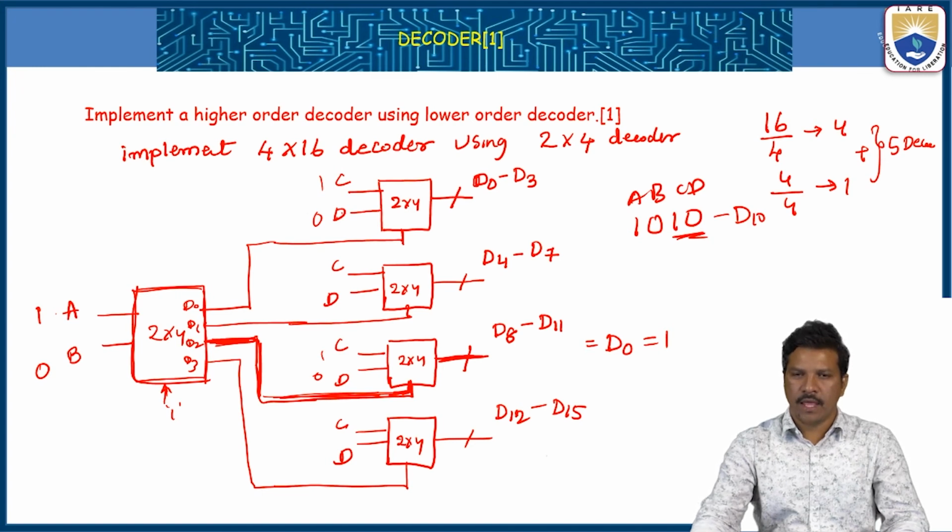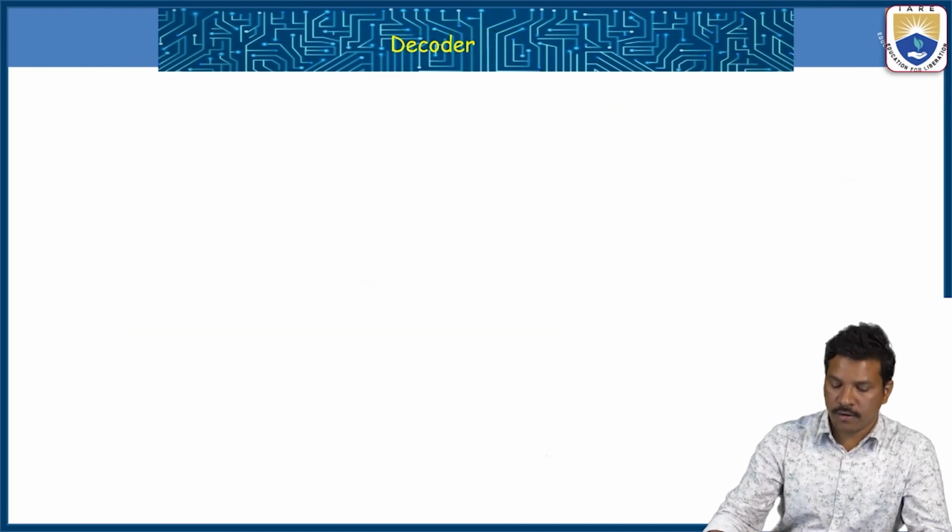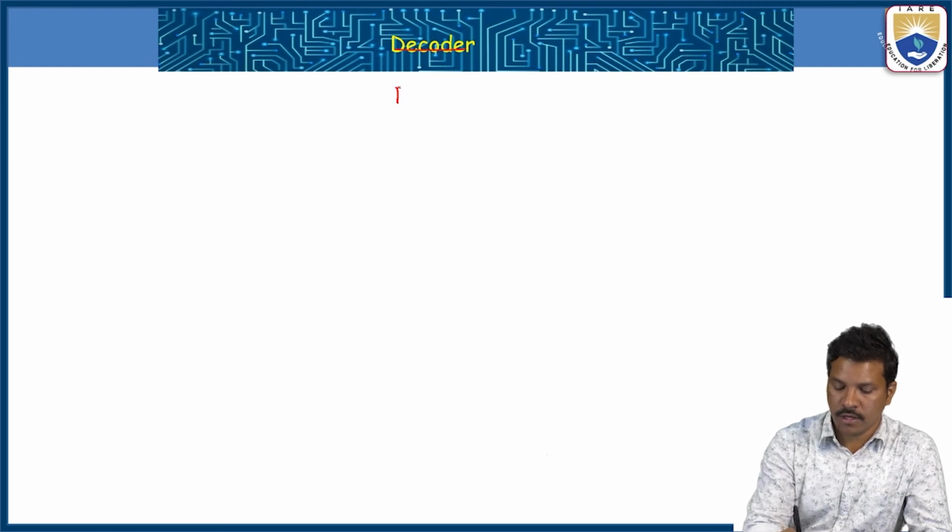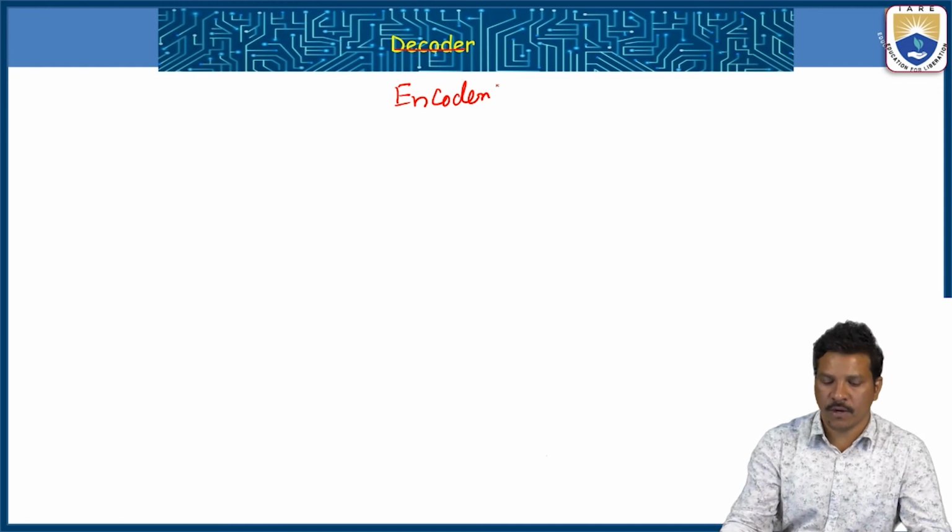And if we come to the encoder, we know that it is just the opposite operation of the decoder.